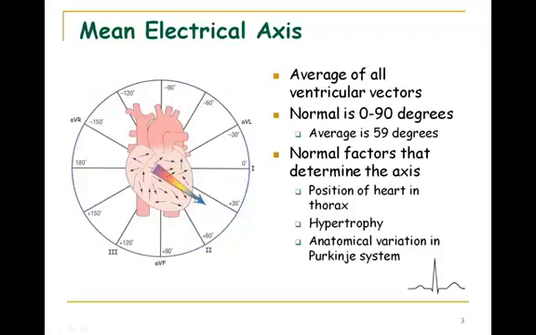So things that may cause this to be more up here or down here, it's just how your heart is situated in your chest wall, how the Purkinje system or Purkinje fibers are arranged. Hypertrophy can be considered a normal factor that determines the axis, but I'm going to include that under things that can shift the mean electrical axis outside the normal range.